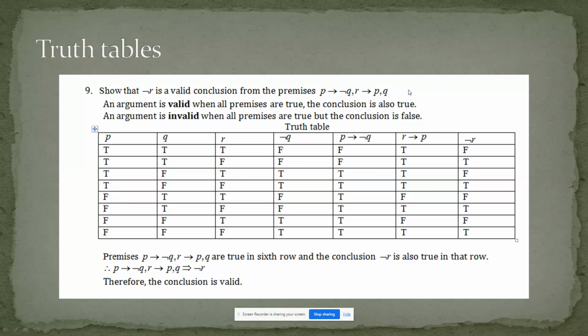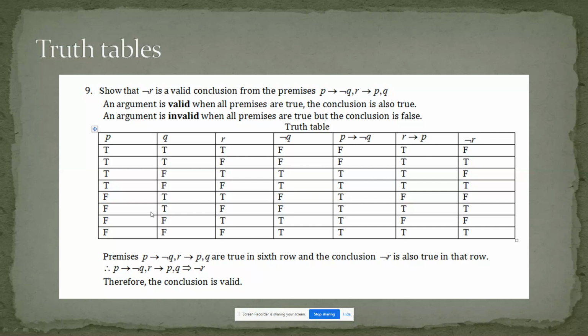Now we have three variables, then eight combinations, P, Q, R. Again, you need negation Q, P conditional negation Q, R conditional P, negation R. So here Q, P conditional negation Q, R conditional P are premises, and negation R is the conclusion. Now form a truth table. After forming the truth table, you have to check where all premises are true.